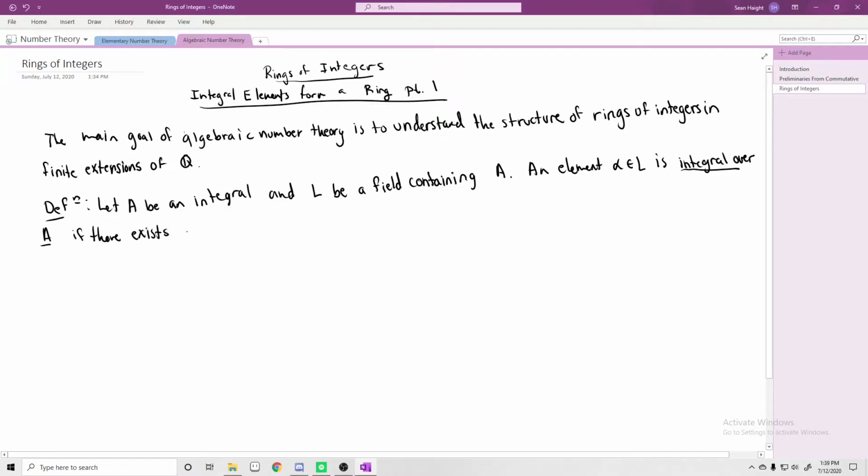Remember, monic means that the leading coefficient is 1. A monic polynomial f in A[X] with alpha as a root.